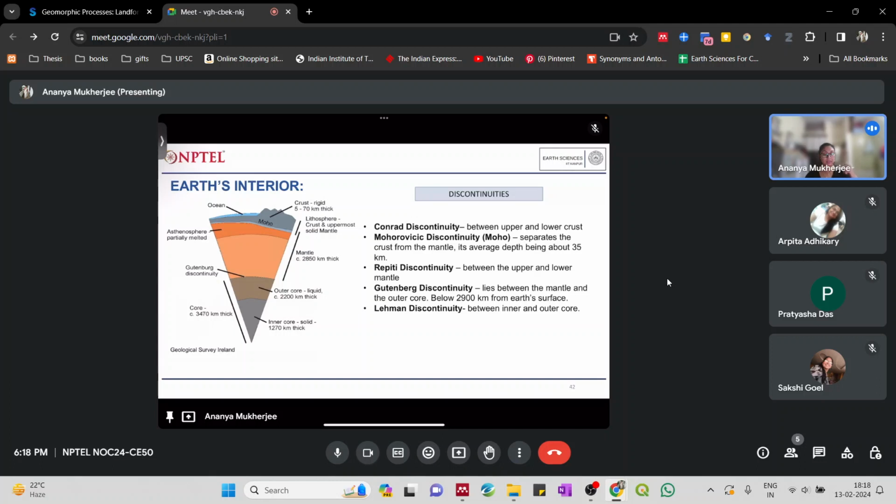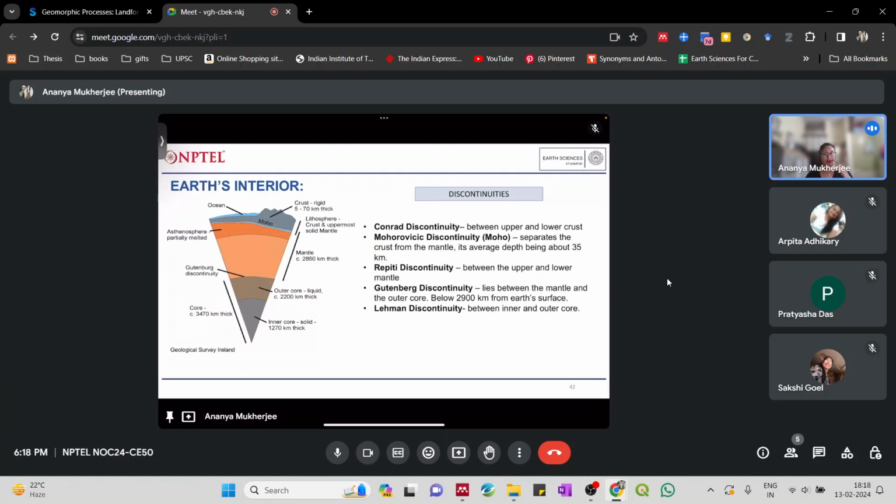Then you have the Repetti discontinuity. Now, as we had seen in the previous slide, you can have a distinction within one layer also, based on either your mechanical properties or your chemical composition. So we saw that the mantle can be divided into upper mantle and lower mantle because of the difference in composition.